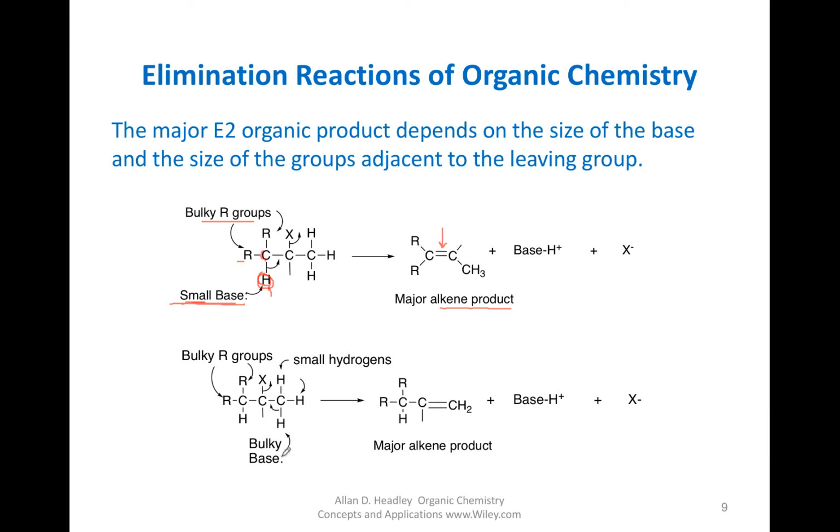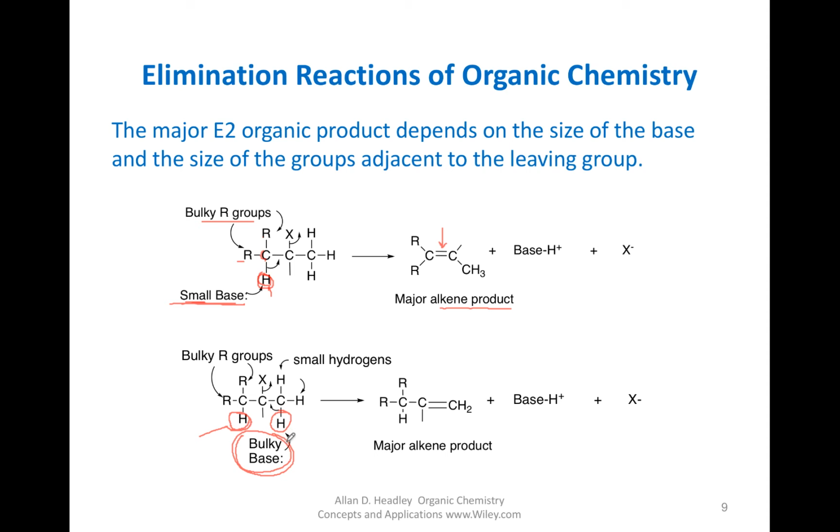If, on the other hand, we use a very bulky base, and I'll give you an example of a bulky base in a second, that bulky base cannot gain access to this hydrogen because of these bulky groups. So it pulls off a hydrogen that is accessible. And as you can tell, these hydrogens here are not crowded because hydrogens are pretty small.